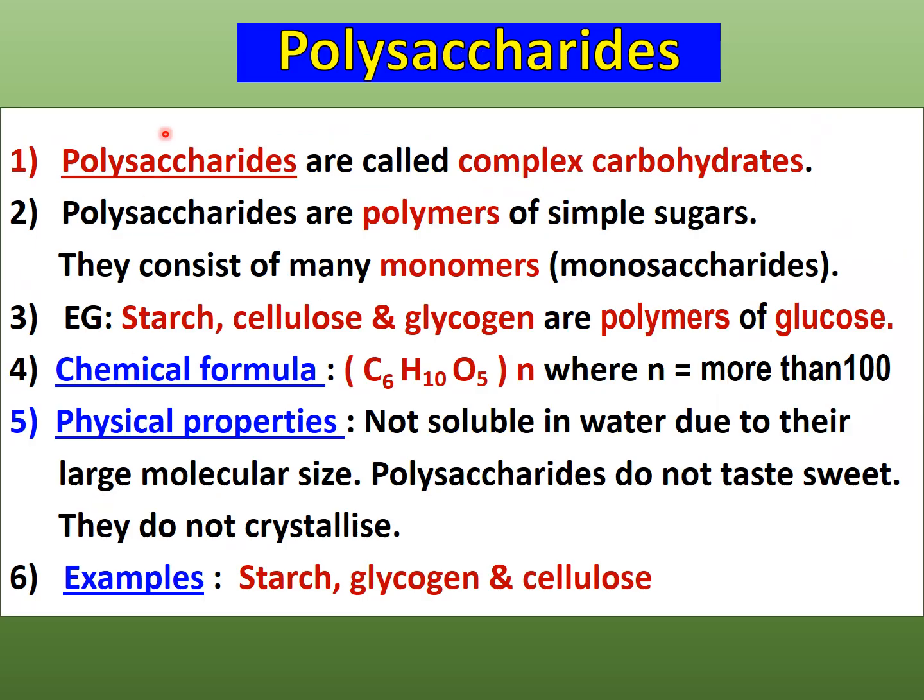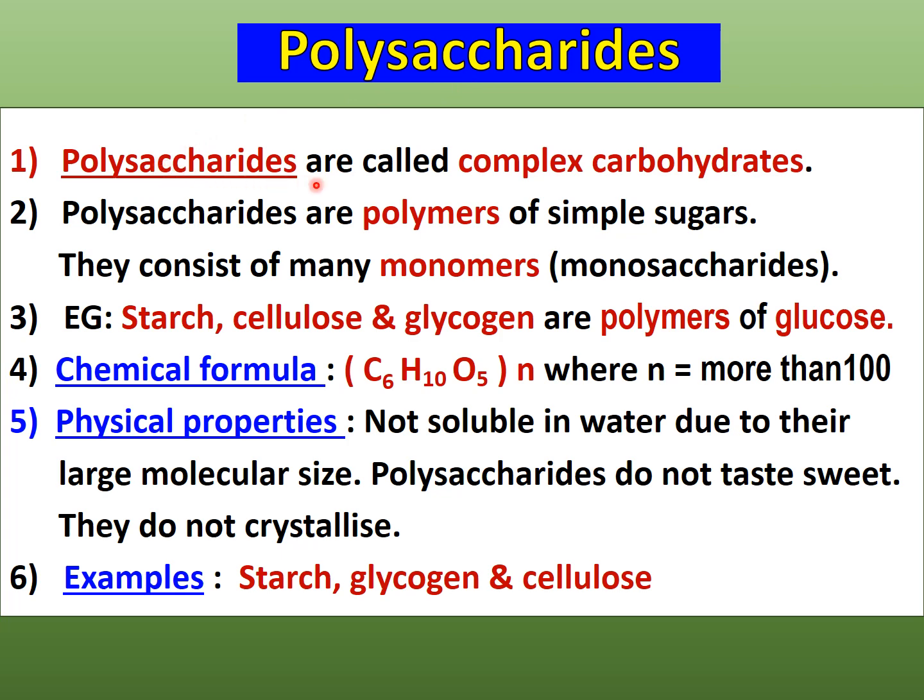Polysaccharides. What are they? From the name polysaccharides, we know that polysaccharides are made up of many units of simple sugar molecules. The word poly means many, and saccharides means the sugar molecule, especially the simple sugar. Okay, so many sugar units.